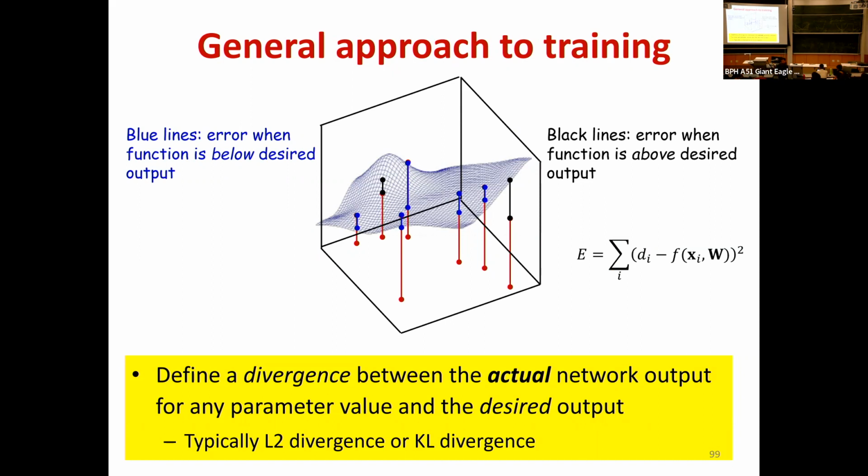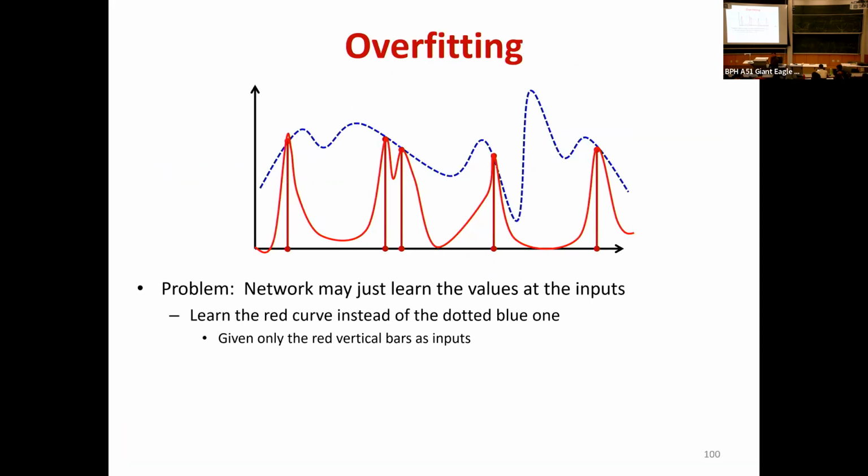At each of these points, you compute the error and you try to minimize the overall loss, L2, whatever. There's no guarantee that it's actually going to learn the correct function everywhere, right? The blue dotted line might be just what you want to learn. Instead, you might end up learning the red curve. It nails all of your training points, but it's completely rubbish. This is not what you want.